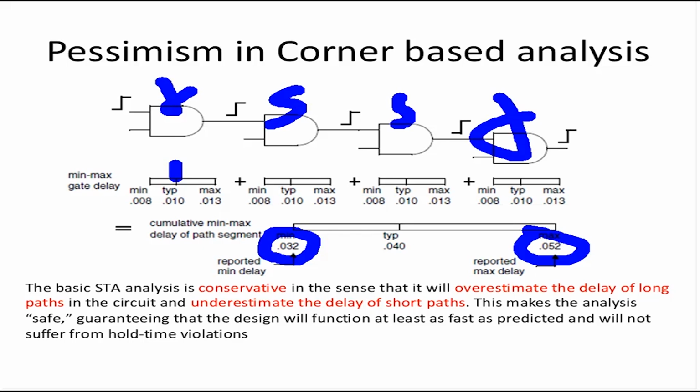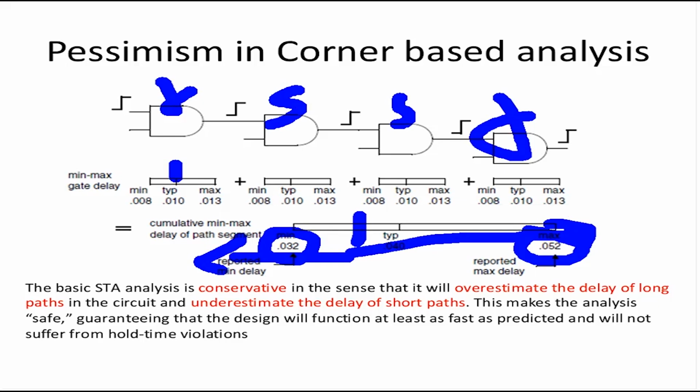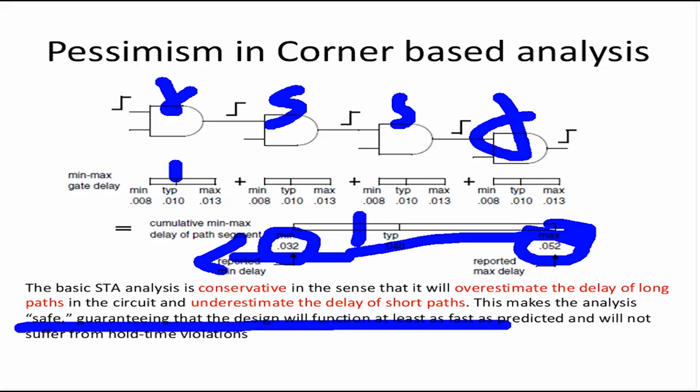So the actual delay will lie somewhere in between. It will lie somewhere here maybe, but it will overestimate the delay on the max side and underestimate the delay on the min side. This makes the analysis safe, guaranteeing that the design will function at least as fast as predicted on the setup side and will not suffer from hold time violation.